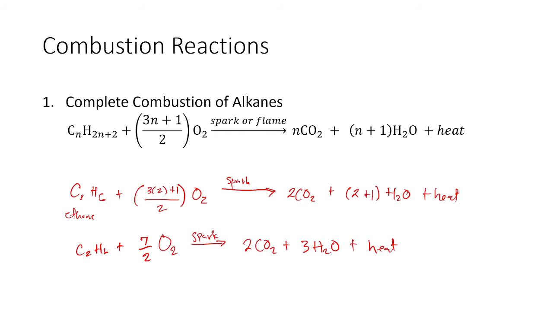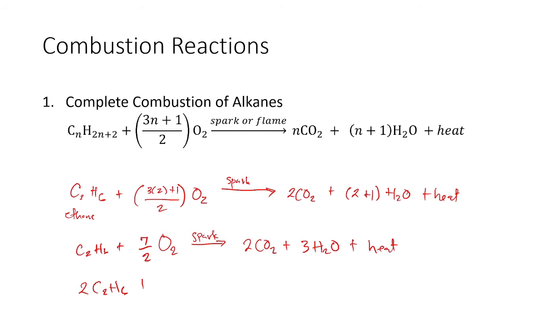We can further simplify this because I know you really don't like fractions. To remove this, we can just multiply everything by 2. So we will have 2 C2H6. We don't alter the subscripts here.